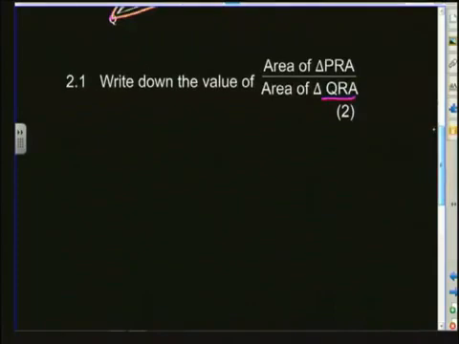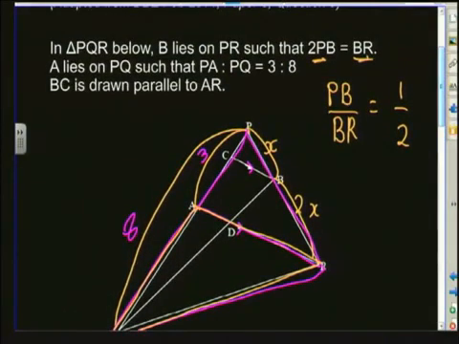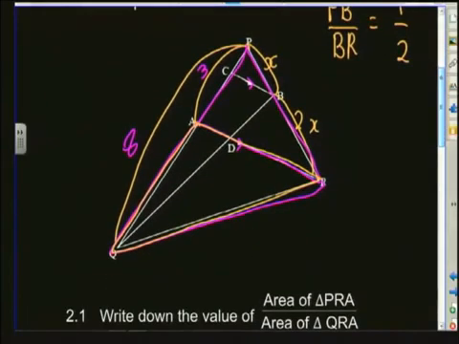So therefore, this is going to be equal to the ratio PA over QA. Now, remember, they told you that PA over PQ is 3:8. Now, that was your ratio. But what it means is that entire length, that entire ratio there is going to be 8.